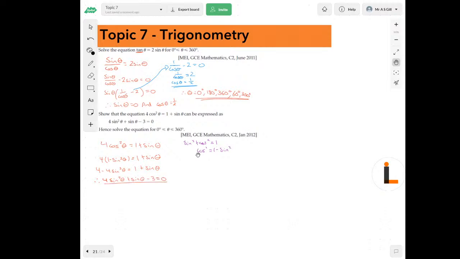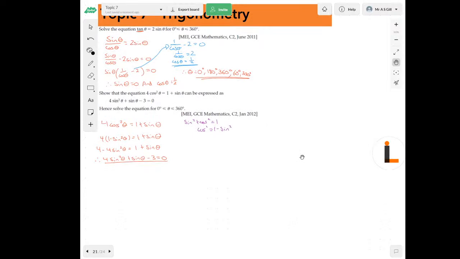And we get the first part of that question. Then we can do what we did last time we had a quadratic. And we say, well, let sine theta equal y. So we get 4y squared plus y minus 3 equals 0, which gives us a quadratic.